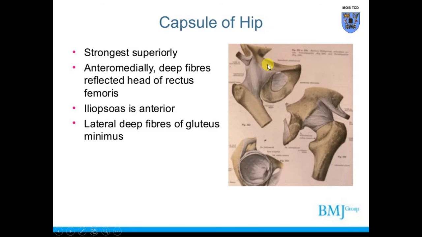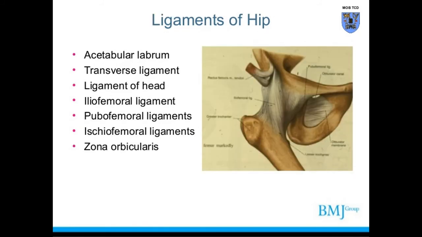We can understand this because we have seen the origin and insertion of the iliopsoas. We can imagine that the reflected head of the rectus femoris has to pass anterior to it, and also the iliopsoas, which passes anterior to the joint to be inserted into the lesser trochanter. Also we have seen the distal attachment of the gluteus minimus.